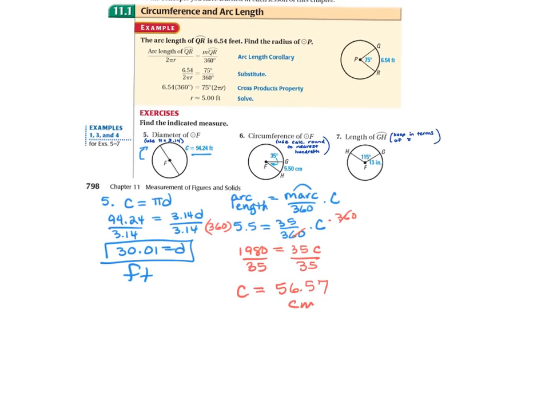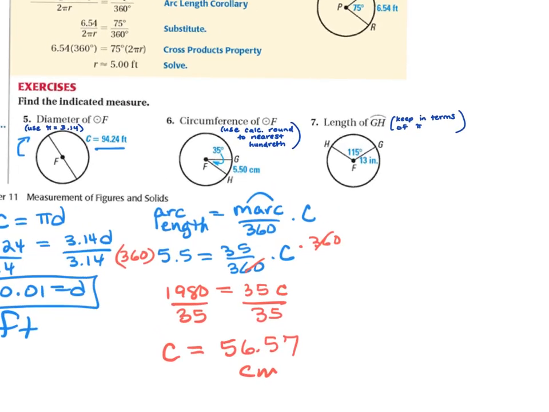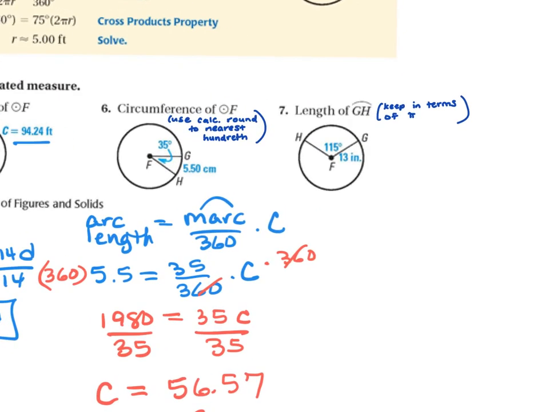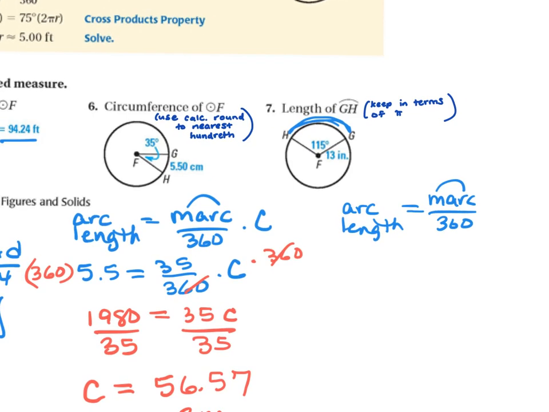Go ahead and look at number 7. Number 7, they're asking us to find the length of GH. So again, I'm going to use the arc length, which is equal to the measure of the arc over 360, and now I'm going to multiply it by, instead of just C, 2 pi r.